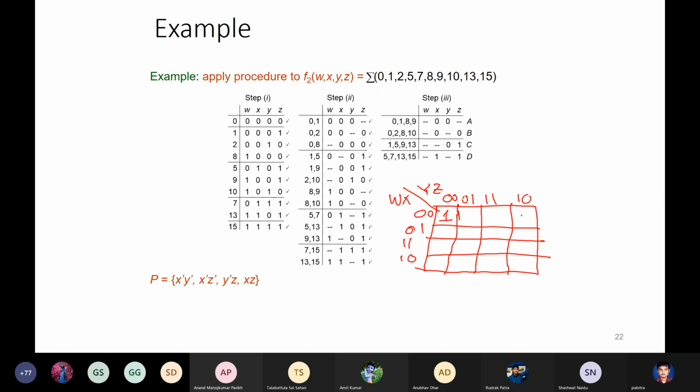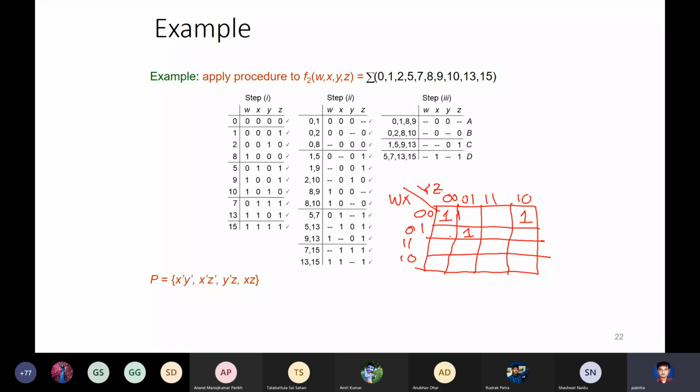This is one we have, and then we have 5. 5 is which one? No, 0, 1, 0, 1, 0, 1. So this is one we have. 7 is... okay. It is taking a lot of time.